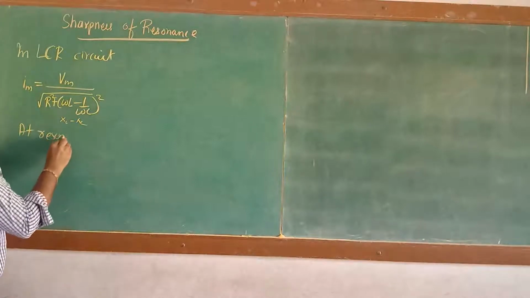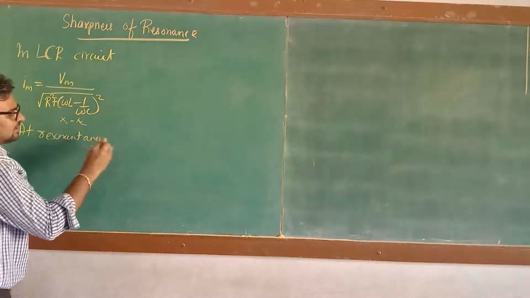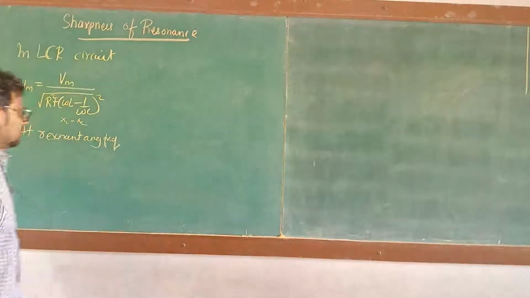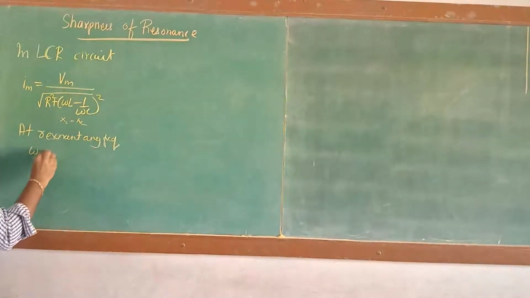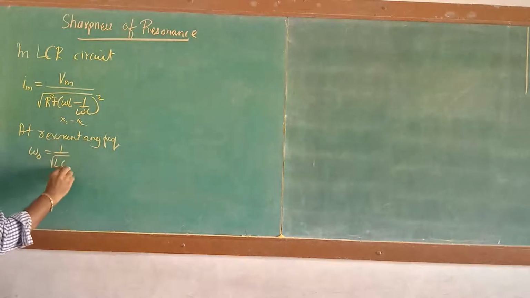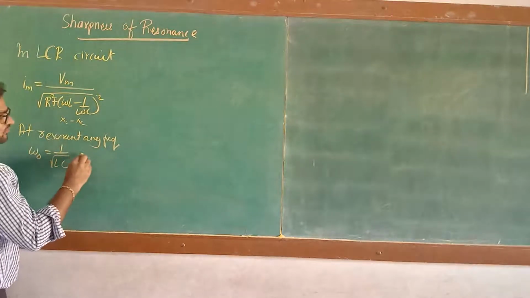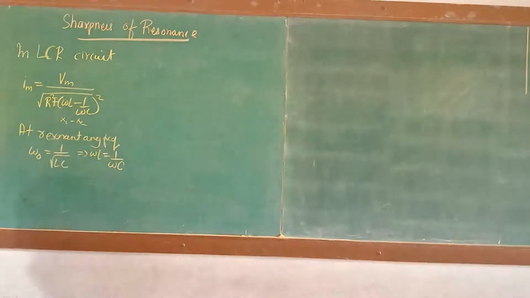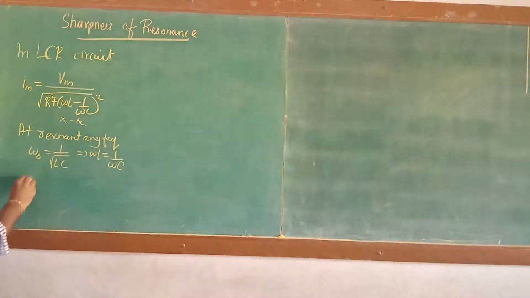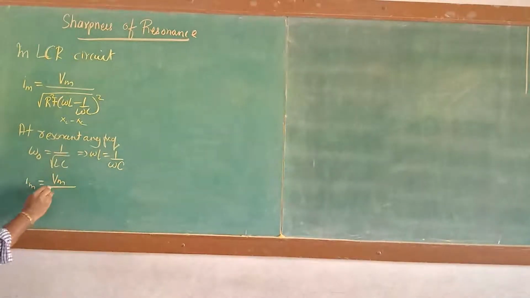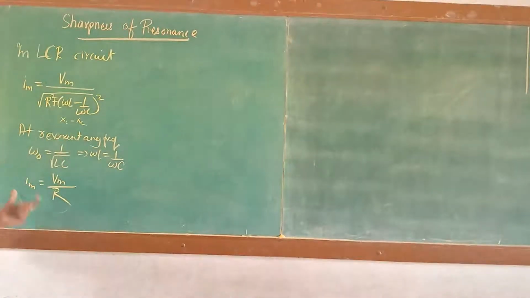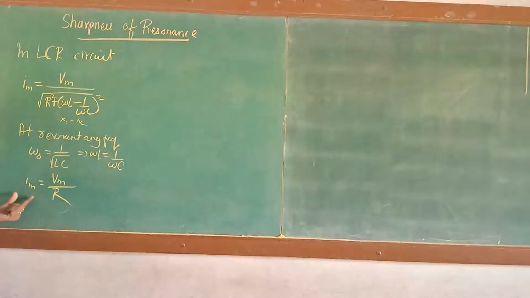at resonant angular frequency, omega 0 is equal to 1 by root LC, and we also know that omega L is equal to 1 by omega C. So at that time, Im is equal to Vm upon R. Here this is the value of maximum current, and this value Im is maximum.